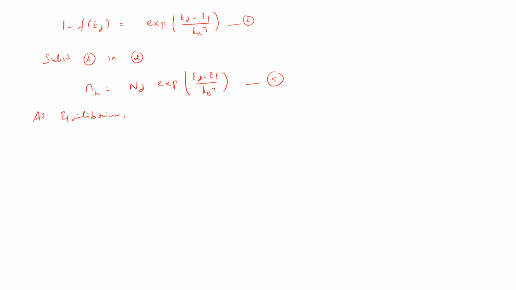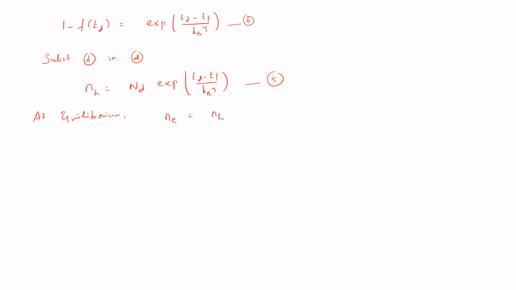It may not be standard. Okay, so this is Ne, that is the number of electrons per unit volume in conduction band, is equal to number of holes per unit volume in the valence band. So that is equal to NH.